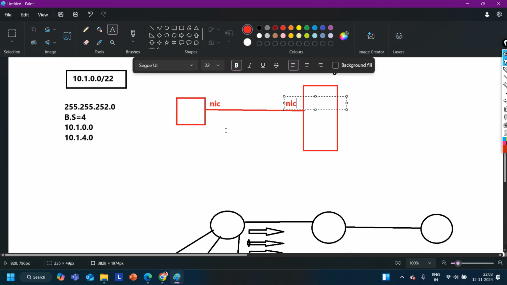So you know now who is going to configure the MAC address and who is going to configure the IP address. For example, MAC address A, MAC address B, IP address 10.1.1.1, IP address 10.1.1.2. Right? Now you need to understand the protocol. Protocol means a set of rules.